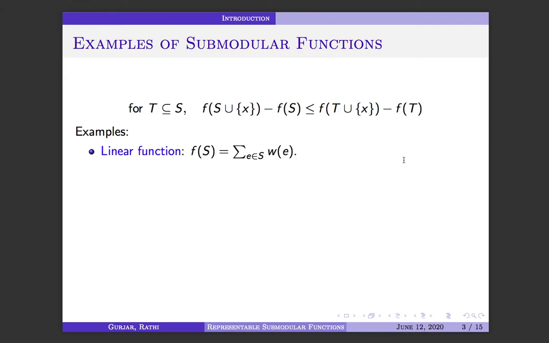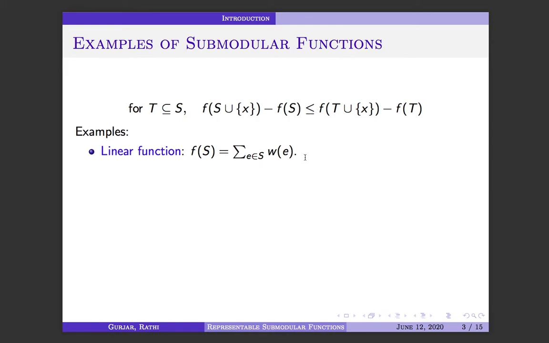First, a very simple example is that of a linear function. Here, suppose every element e has a weight w_e and define for any set S the function f of S to be simply the sum of these weights over all the elements in the set S. You can in fact see that this function satisfies this inequality with an equality.